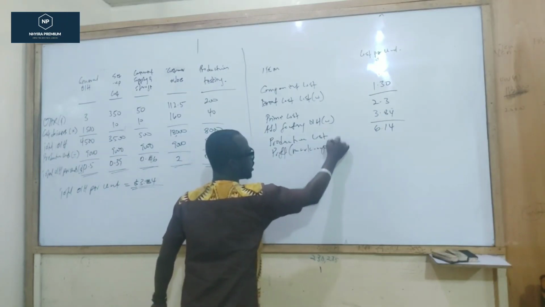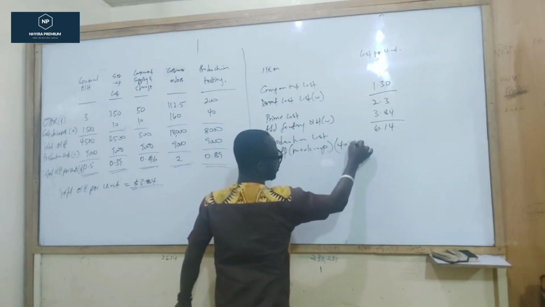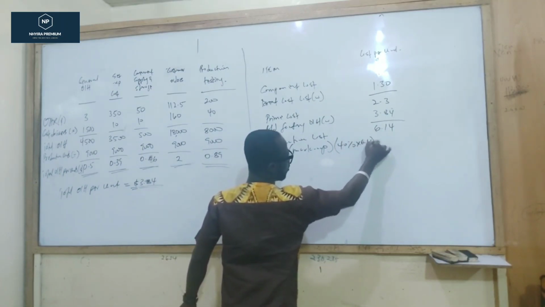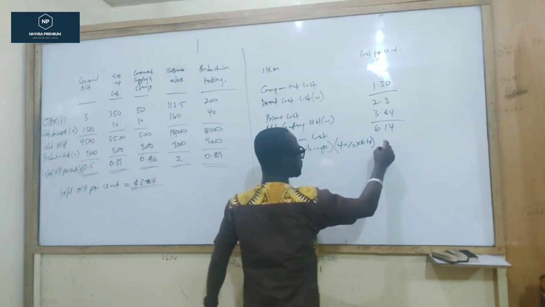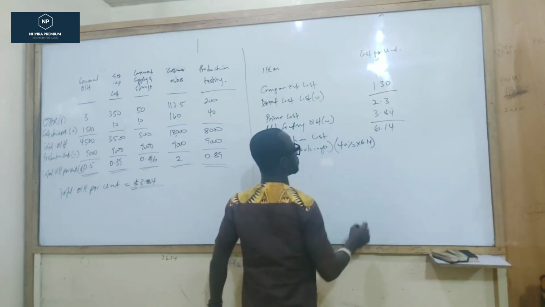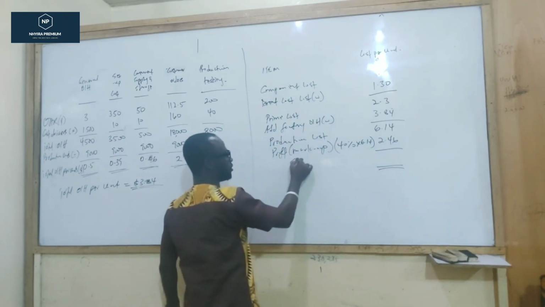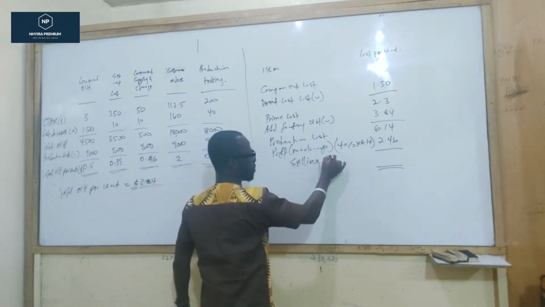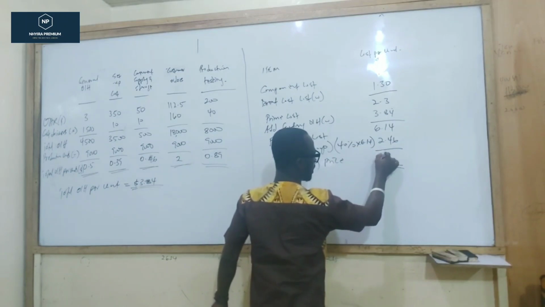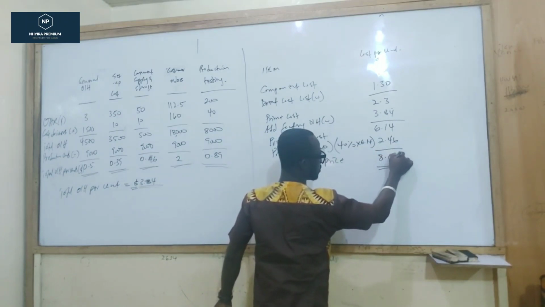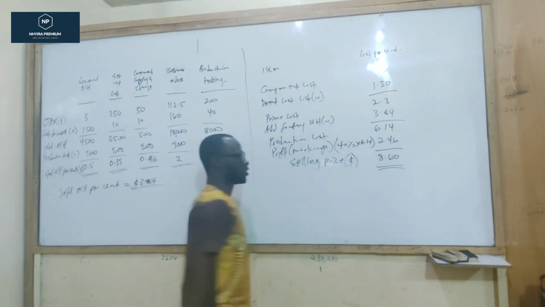How much is it? 40%. So we take 40% of the 6.14. What did you get? 2.46. Add it up, and that gives you the selling price: 8.60. That's the answer to the question.